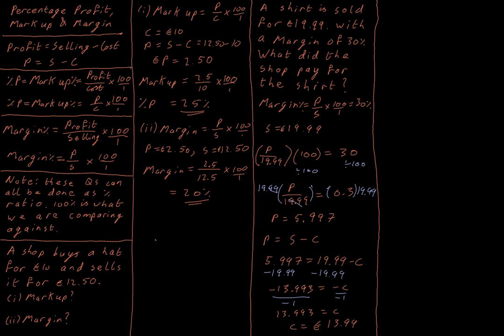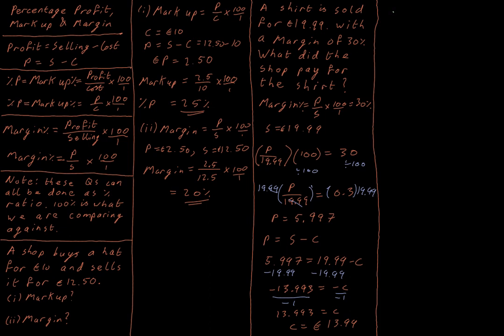Now, I mentioned that these questions can all be done as ratios, and all we have to be careful of is the 100% that we're thinking of is what we are comparing against. So let's take our margin here as a quick example. For margin, what are we comparing against? If we think about what margin means, our profit versus our selling, well, it's versus the selling this time.